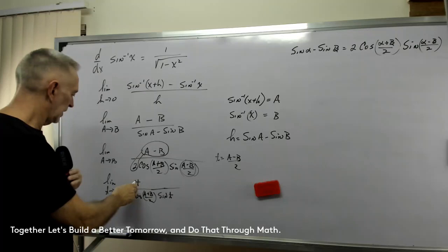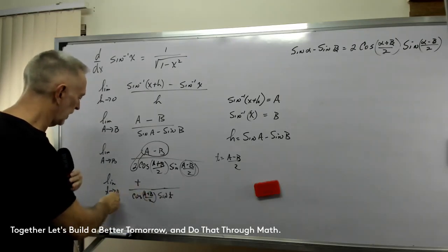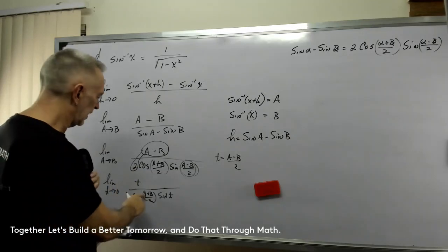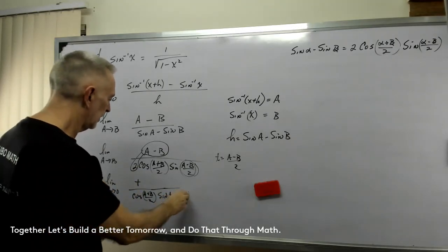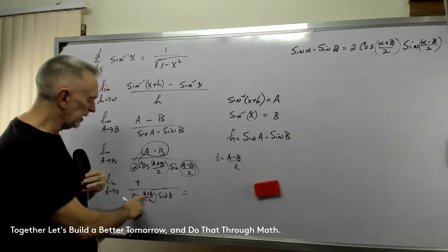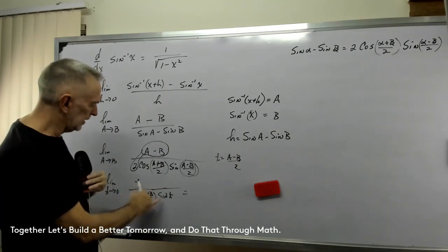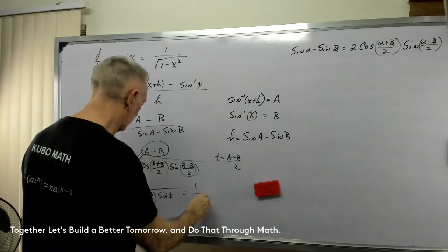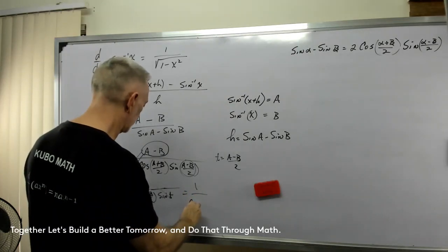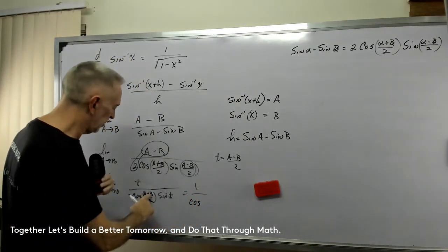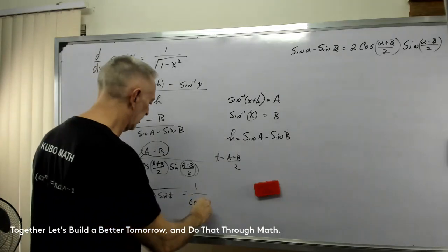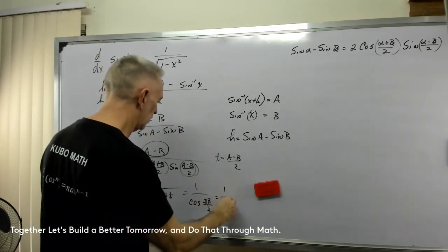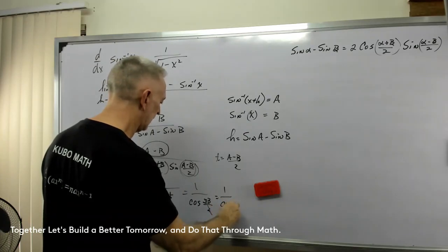Now t over sine t will approach 1 as t approaches 0, and that also implies a is approaching b. So if a is approaching b, I end up with t over sine t is 1, so I end up with 1 over cosine of 2b over 2. So it equals 1 over cosine b.